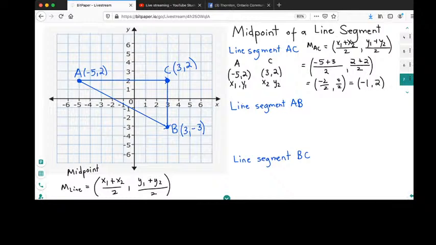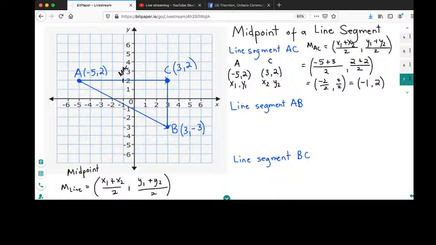So I've got negative 1 as my x and 2 as my y, and this is the midpoint of AC. And it makes sense because if I count the number of jumps from that point, here I go 1, 2, 3, 4, here I go 1, 2, 3, 4, that's exactly in the middle. Okay? So there's that.